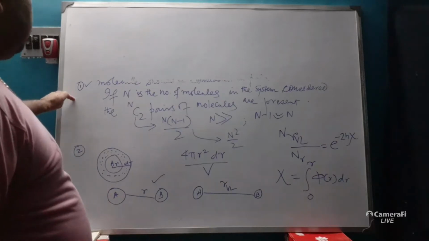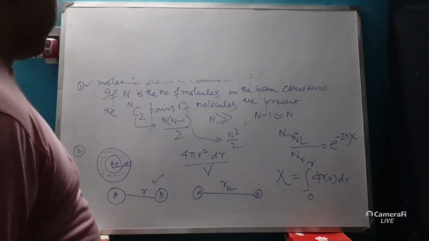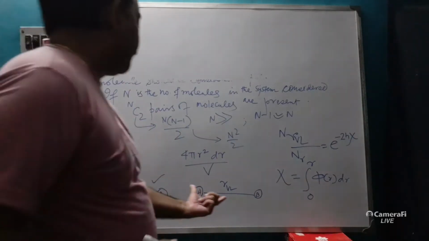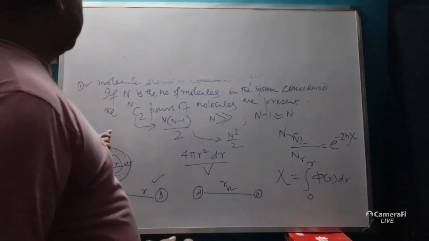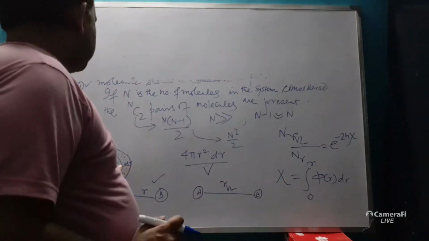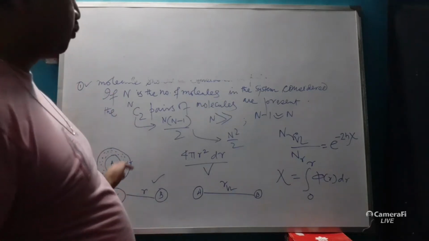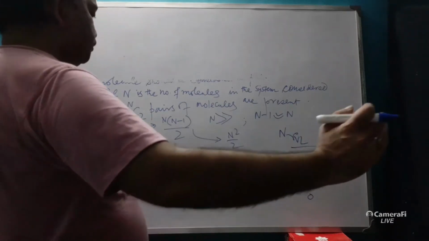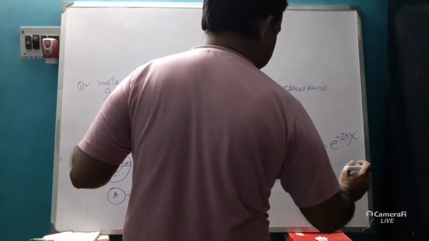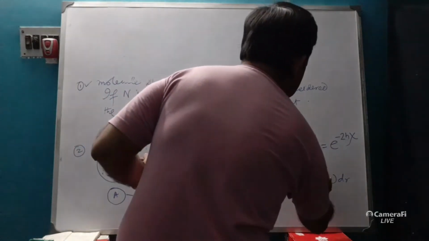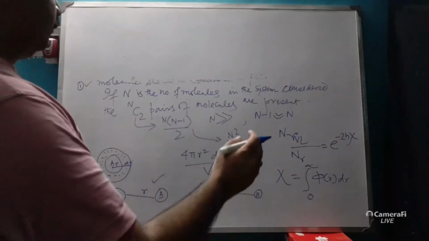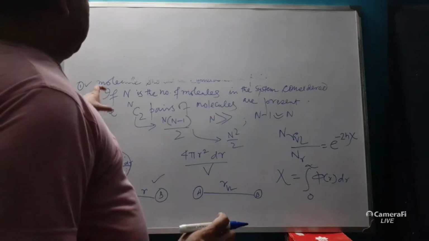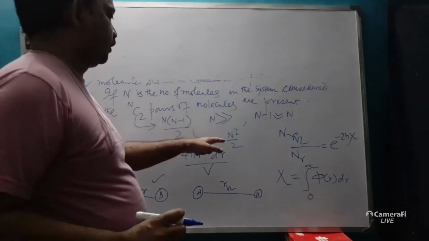Now conditions 1 and 2, if multiplied, will give you the number of molecules at an infinite distance that are considered in pairs and within the range of R and R plus dr. All these conditions have to be met to find the number of molecules within the range of R and R plus dr. This range has become a very large distance, and the number of molecules under consideration is n, and the number of pairs is n square by 2.